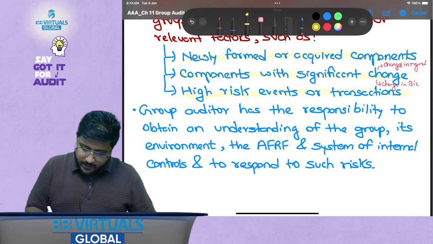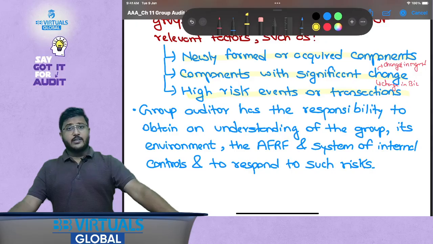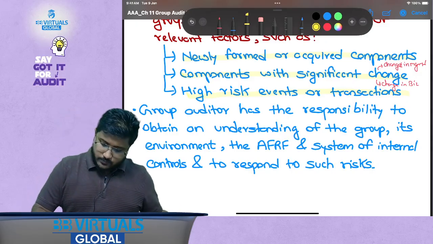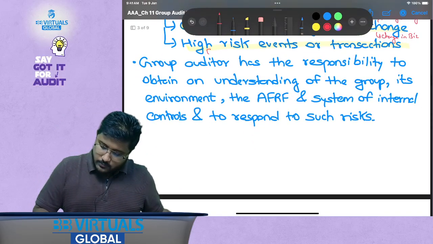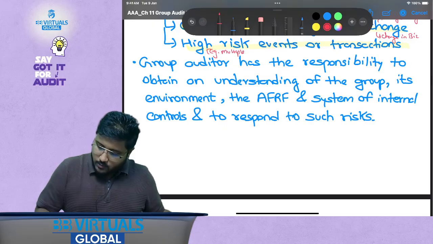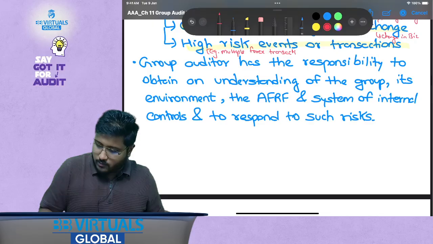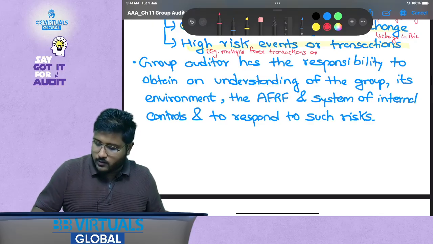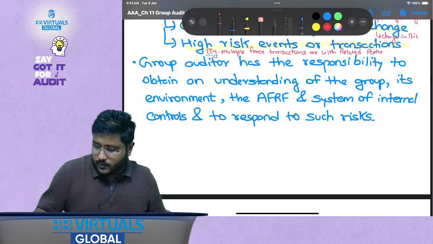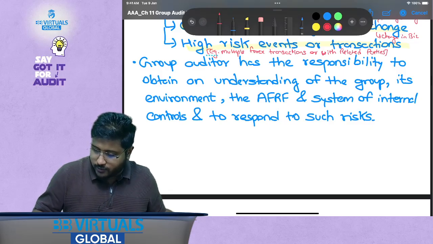High risk events or transactions, that is, a component which has entered into high risk transactions, for example, multiple forex transactions or transactions with related parties. That could form part of this kind of evaluation.